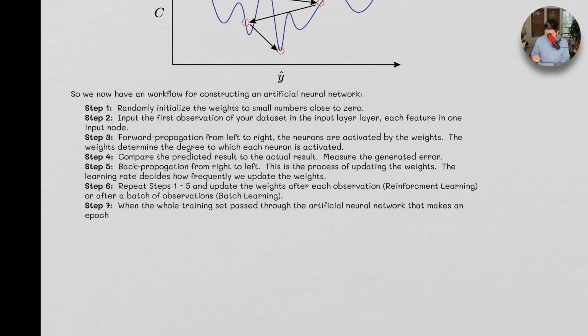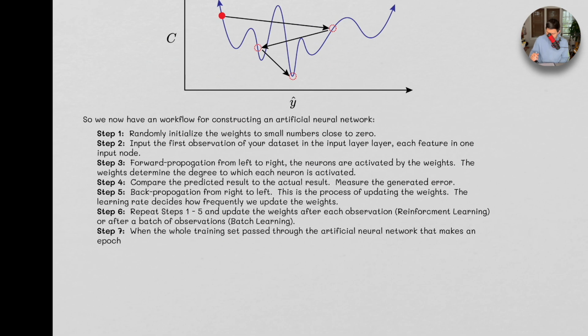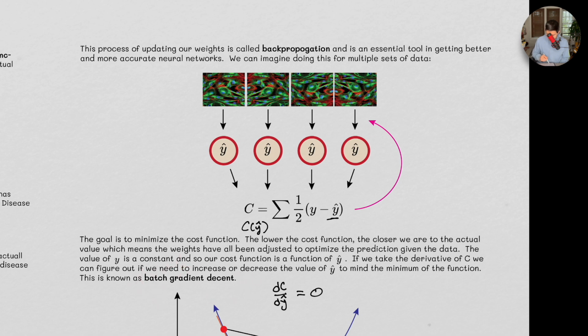The wording here has to do with whether or not this is going to be stochastic gradient descent, but we can call this stochastic gradient descent for all intents and purposes right now. We can also call it reinforcement learning, or after a batch of observations, which is what we called batch learning. That was batch gradient descent.